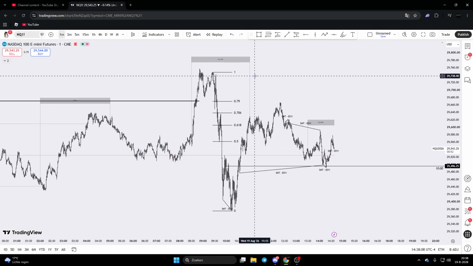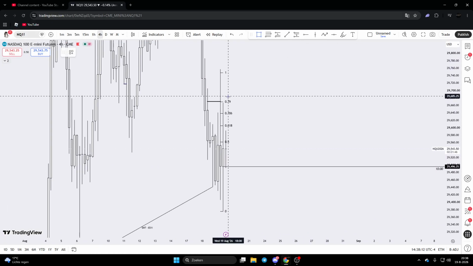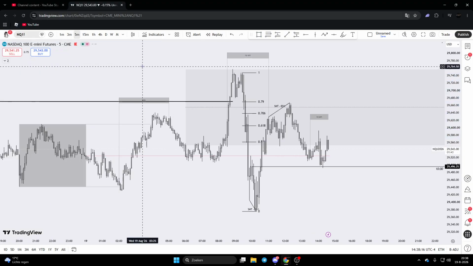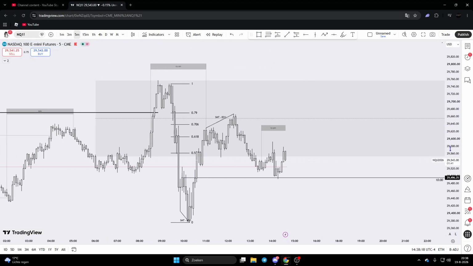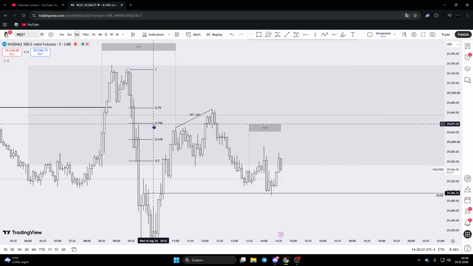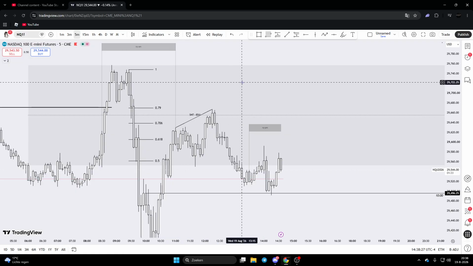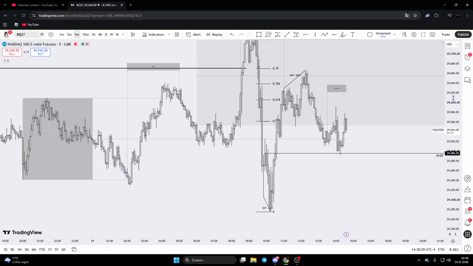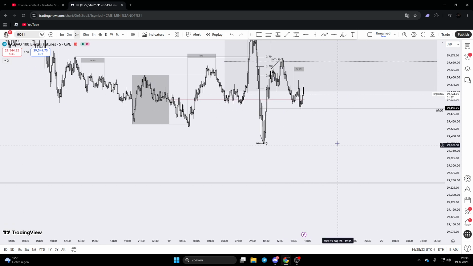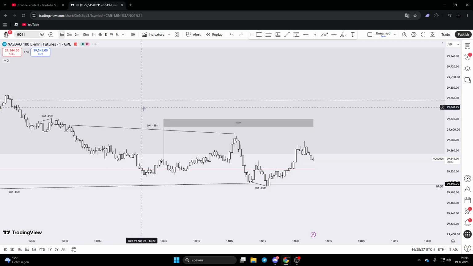So what was I looking at then? I saw we created this 4-hour rejection block. Here's a funny thing as well. Since we had the 70.6 from OTE and the 79, and we had this 4-hour rejection block, I wanted to see a retrace for us to then catch the shorts down even more.